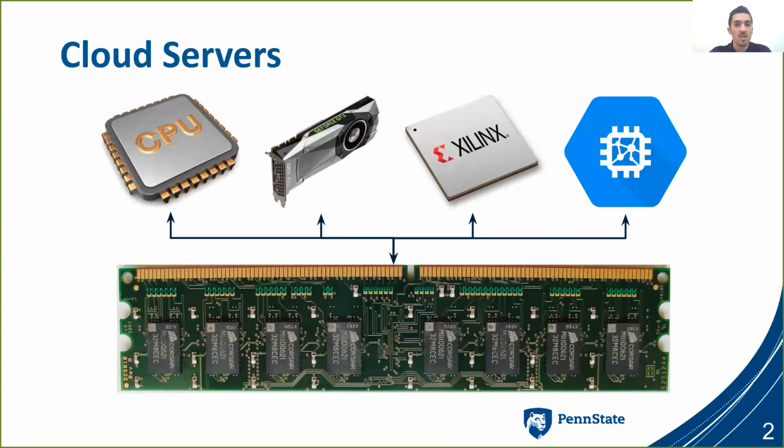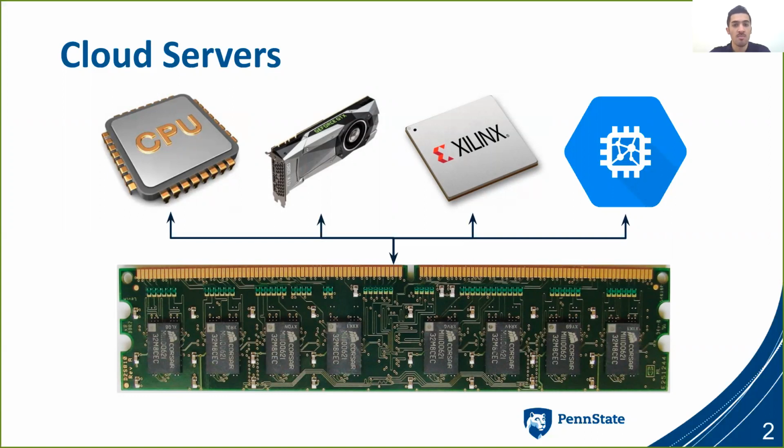If we look at today's cloud server architecture, they consist of multiple computing elements such as CPUs, GPUs, FPGAs, and even TPUs. And all these different computing elements operate on memory. As a result, the demand for DRAM memory has increased to keep up with the high need of these computing elements.